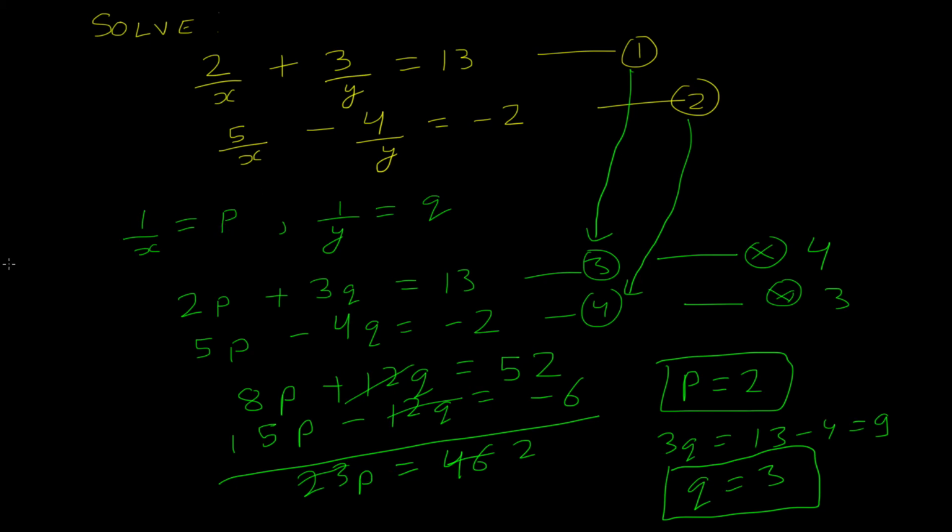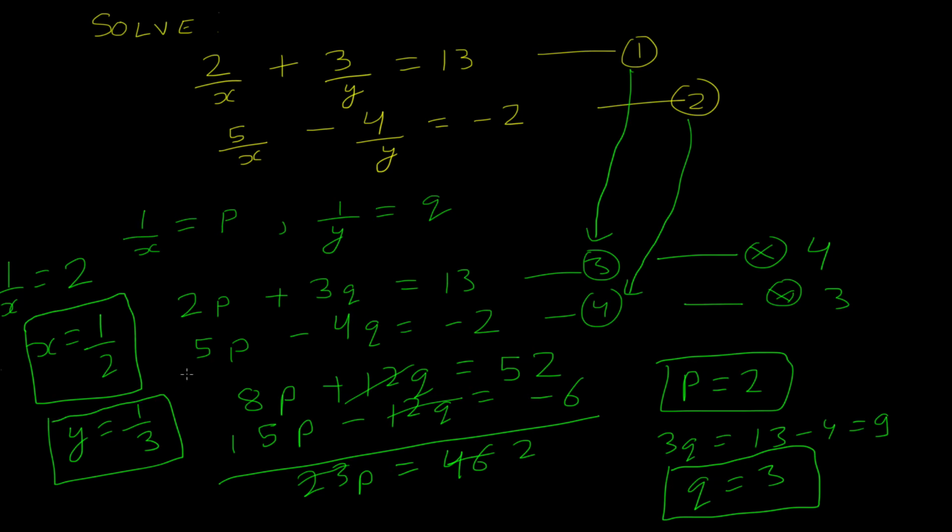So we get 1 by x is equal to 2, the value of p. Therefore x is equal to 1 by 2. And similarly we get y is equal to 1 by q. So y is equal to 1 by 3, and that is our solution.